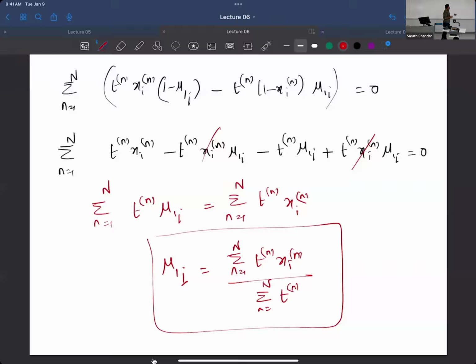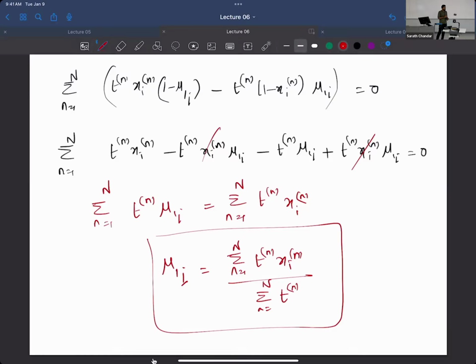Can someone tell me intuitively what this fraction means? So what does this mean? You have n examples in total, right?